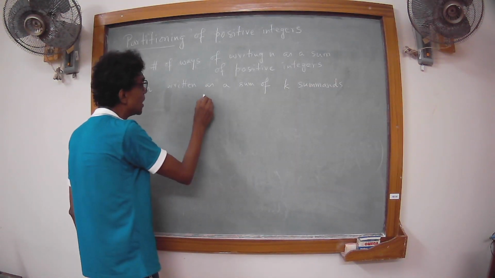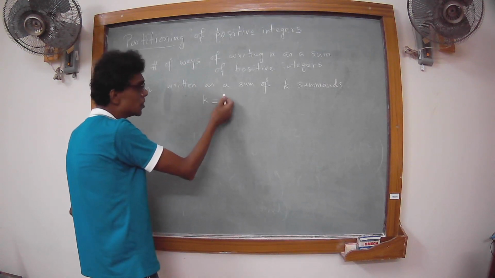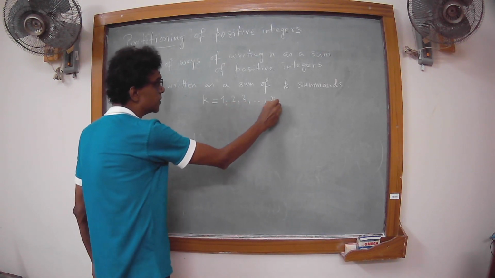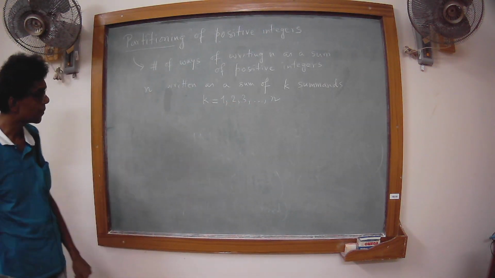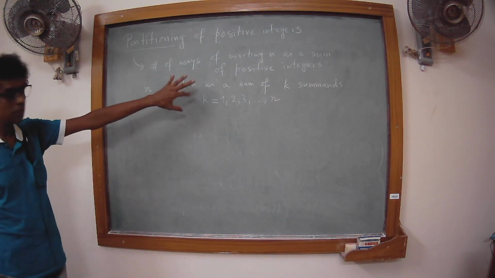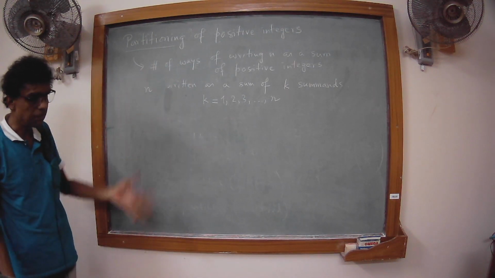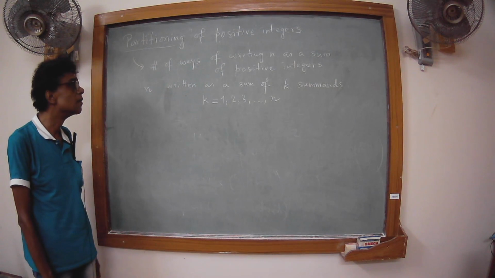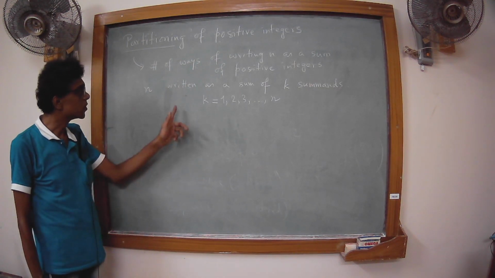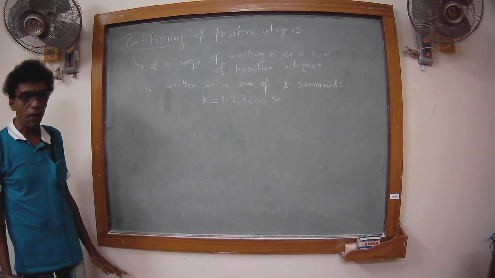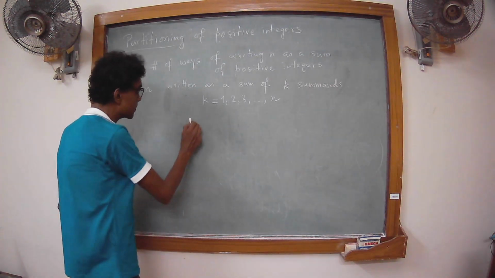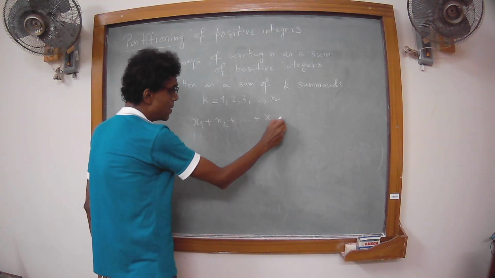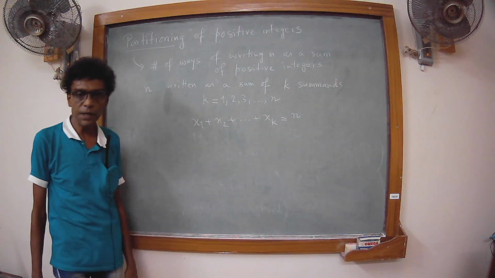What are the allowed values of k? 0 summands is not allowed. 1, 2, 3, up to n summands, these are the possibilities, right? 0 is not allowed. If n is positive, then I cannot write it as an empty sum. An empty sum is always 0, so 0 cannot be equal to n, given that n is positive. Okay. So written as a sum of k summands, let us call these summands x1, x2 up to xk. This equals n, right?